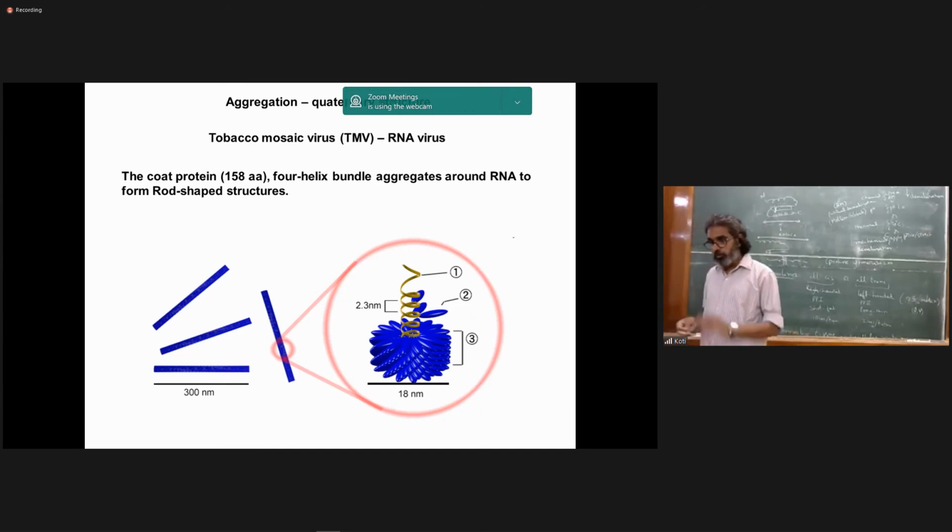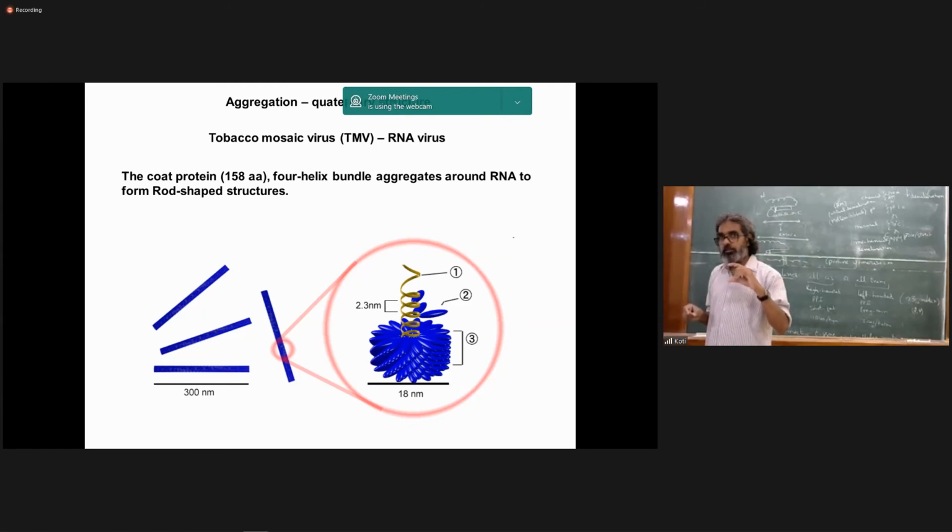So once you coat one RNA molecule, from 5' to 3', you form a rod structure. The coat protein with RNA forms a rod, and you can see how long these rods are. The diameter is about 18 nanometers, because the protein is a few nanometers, and then the RNA.